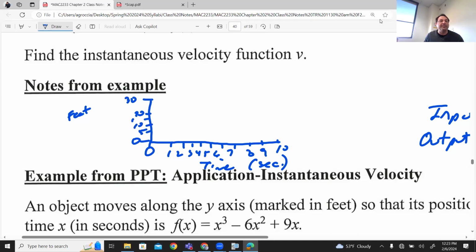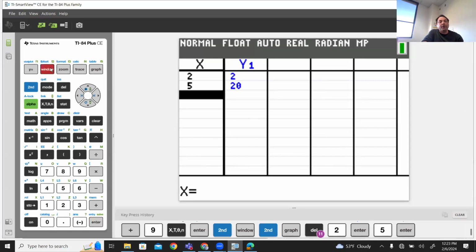But again, we're not sitting there waiting to copy what the teacher does. We're understanding input, output. We've gone through in chapter 1 word problems, calculator, algebra, right? We've done all this stuff before. So now when I go to my calculator, I'm going to go to window.